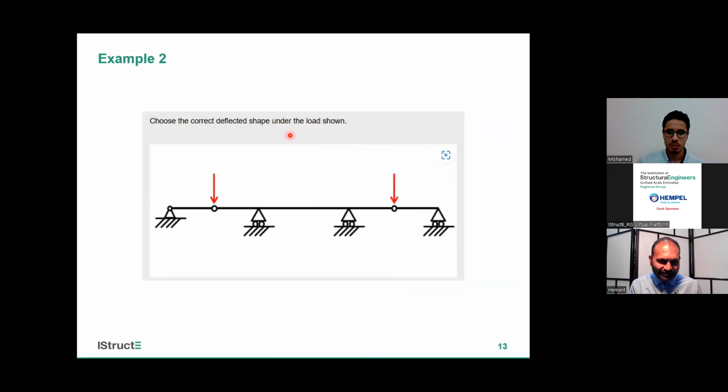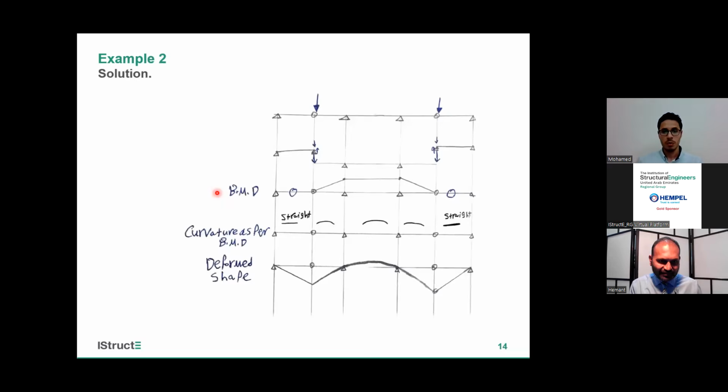As an engineer, it's very important to know how the building will deflect and what shape the deflection should take. For this question, we will first start by drawing our bending moment diagram, so that we know our tension part and compression part, and through this we will then draw our deformed shape.